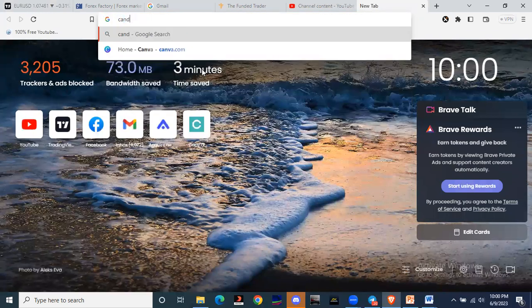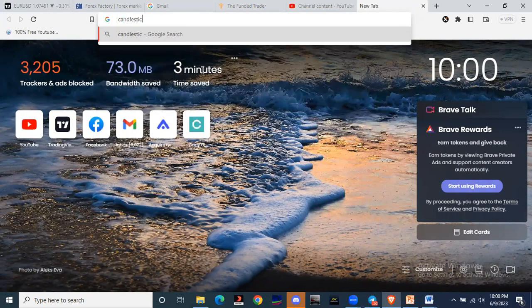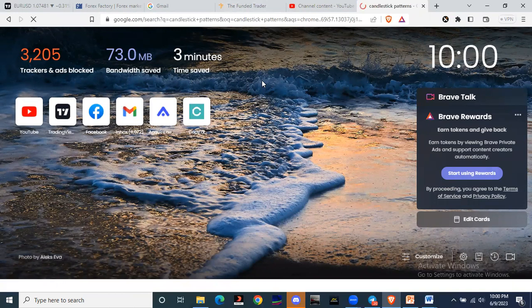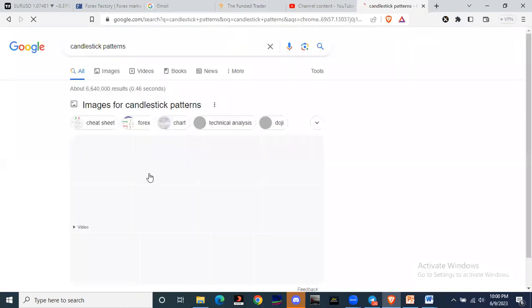So let's search candlestick patterns. You will see that there are a lot of different candlestick patterns.